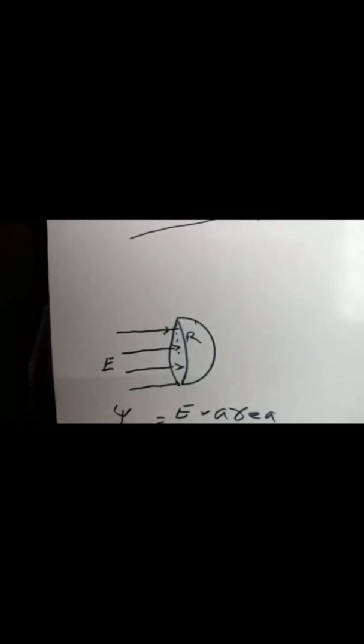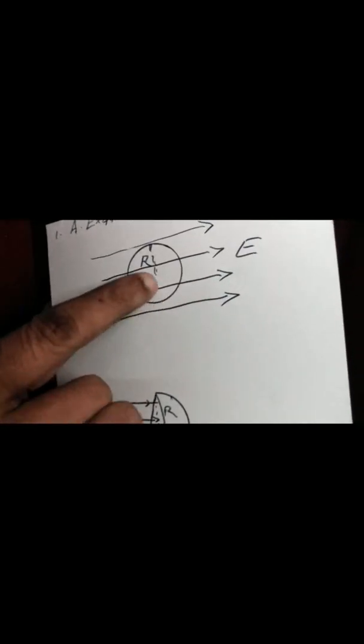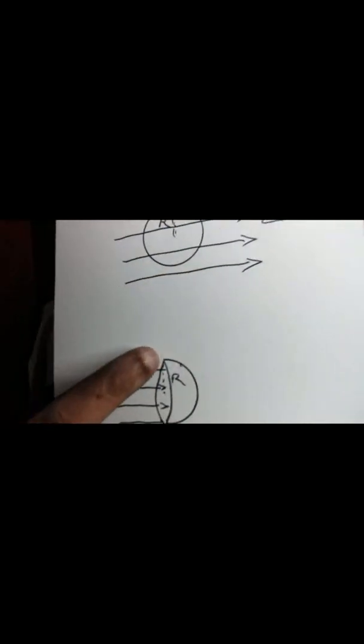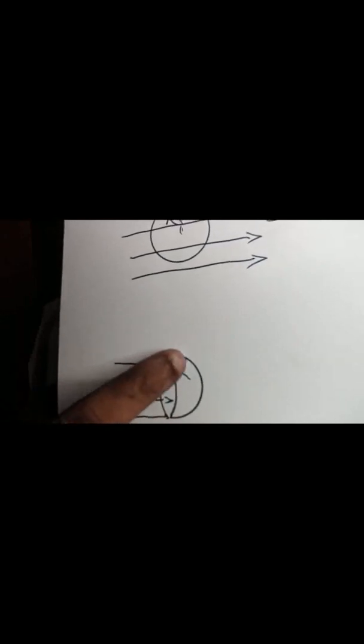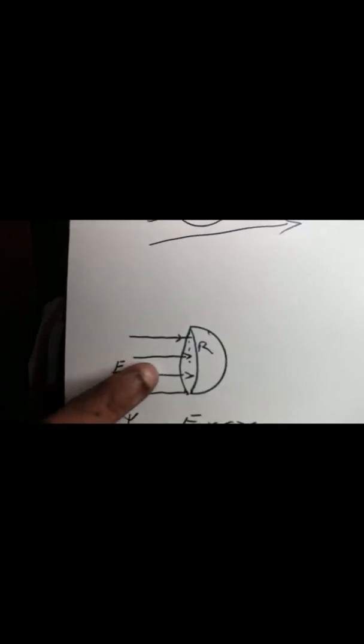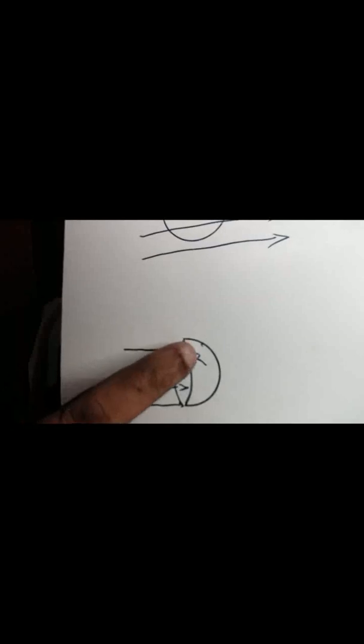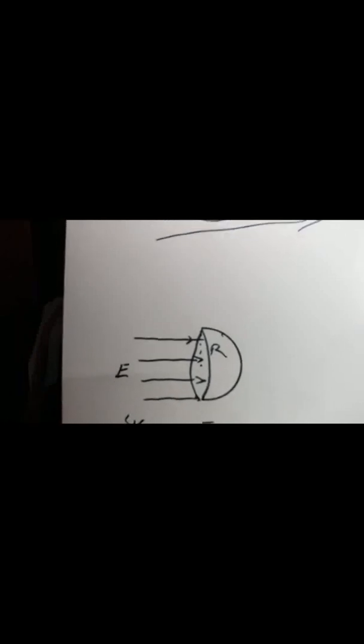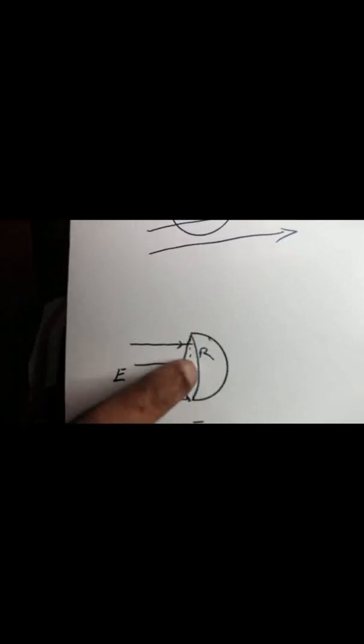See, just consider only one half of the spherical volume. Then E is perpendicular to the cross section, which is a circle. So the total flux leaving or entering will be equal to the total flux associated with this cross section.